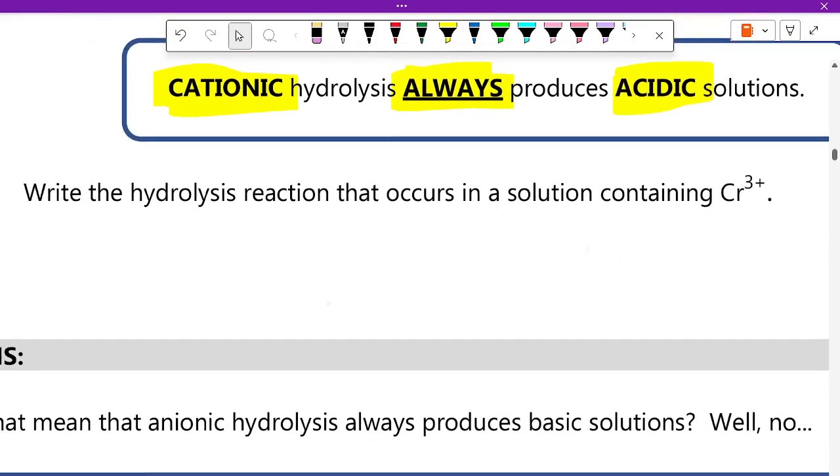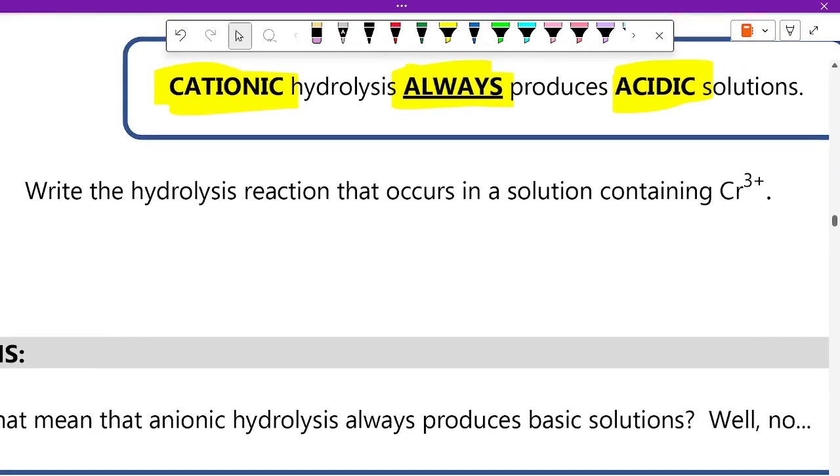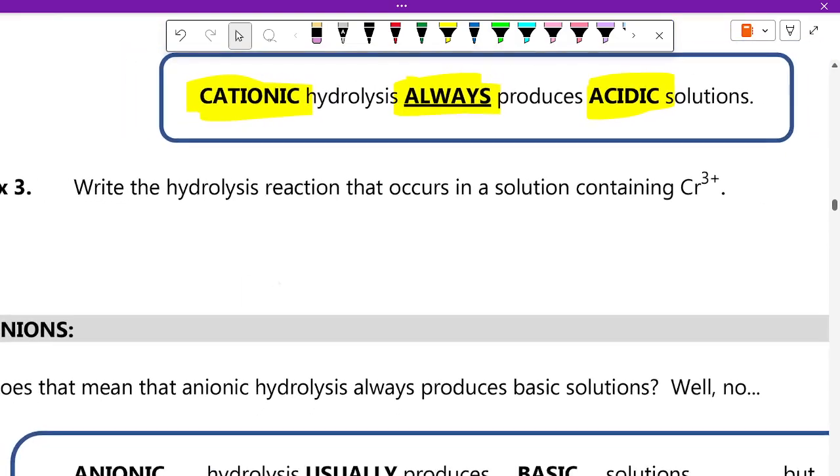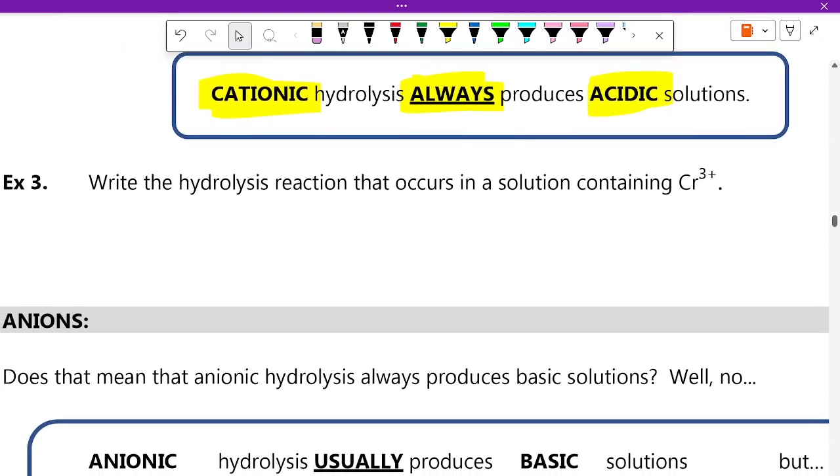Could you please write the hydrolysis reaction that occurs in a solution containing chromium? Try and do it without looking at your chart, just to see if you can.